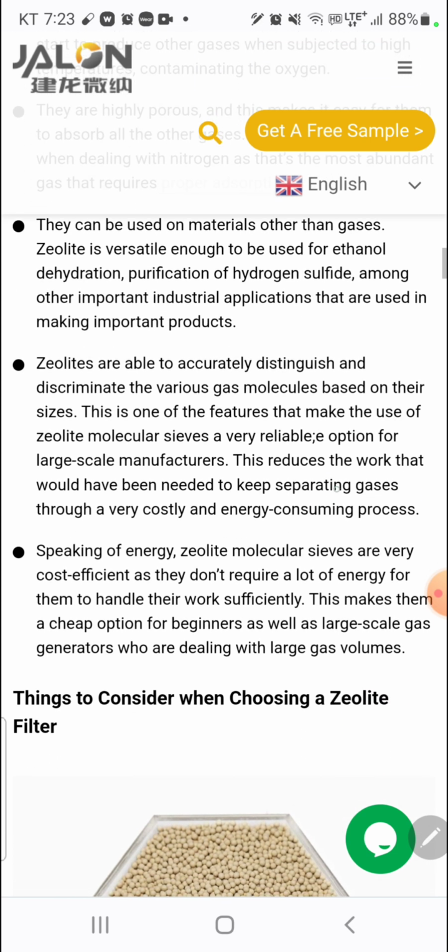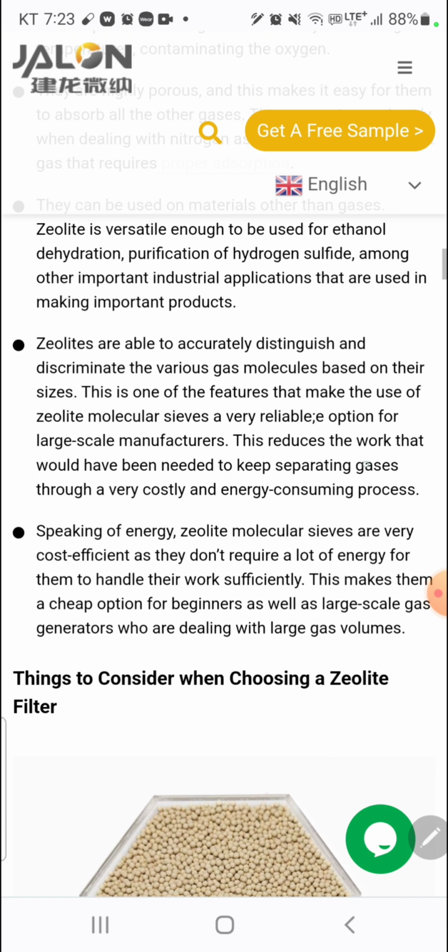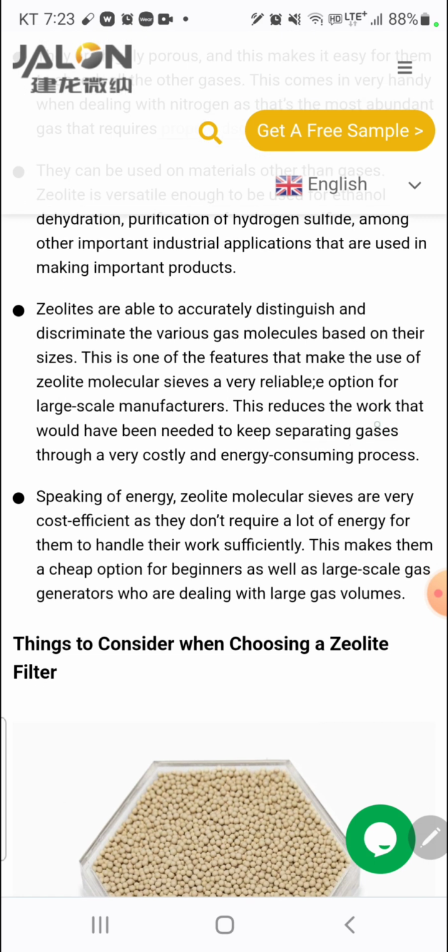Zeolites are able to accurately distinguish and discriminate the various gas molecules based on their sizes. This is one of the features that make the use of zeolite molecular sieves a very reliable option for large-scale manufacturers. This reduces the work that would have been needed to separate gases through a very costly and energy-consuming process.